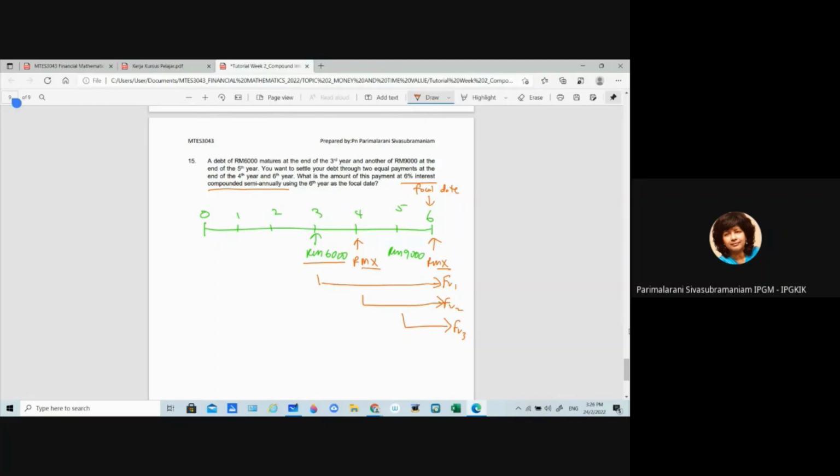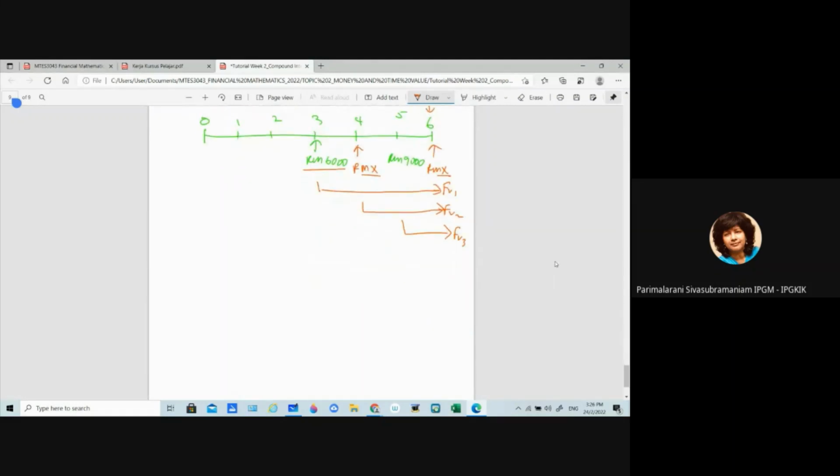X here is already at the 6th year, so we don't have to find the future value. So I'm going to put it straight into the equation. X plus FV2 is equal to FV1 plus FV3.